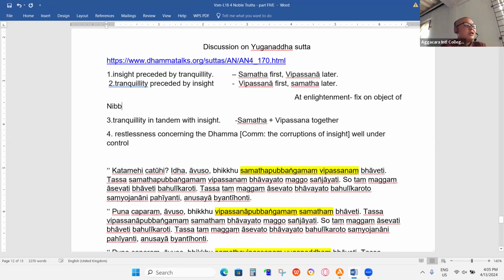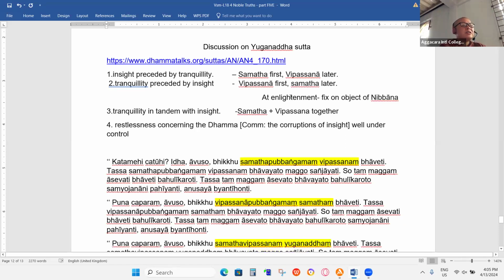So you don't need to purposely make the effort, because at enlightenment the mind definitely has one-pointedness on nibbana. So it's like the one liberated by wisdom alone. He doesn't need to purposely cultivate the jhana because the wisdom path is so strong. So based on the vipassana to cultivate the wisdom, then at enlightenment time, the mind will just fix on the nibbana object. Okay, so this is called yuganata.